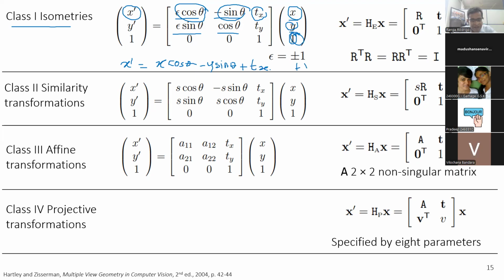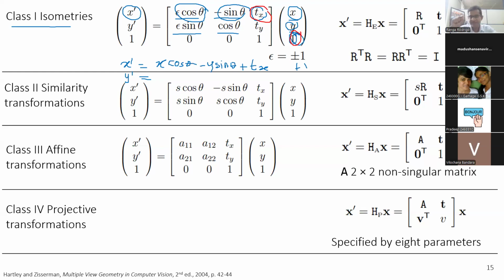You can write a similar equation for y prime also, I will not write that. And the last 1 stays 1, there's no change there. So at once you can see the reason for us to have this 1 here: otherwise this tx, the translation, cannot be captured in this matrix multiplication form, as a linear transformation.